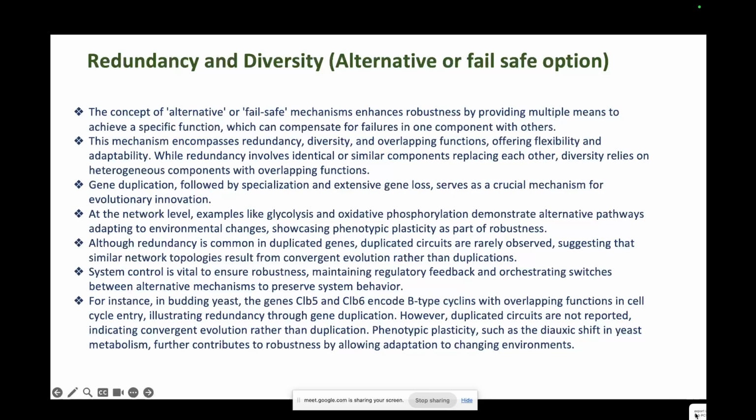That is what is known as a diauxic shift in yeast, and it further contributes to robustness by allowing adaptation to a changing environment. So what happens is if you remove a particular carbon source and you put another carbon source in, the cell still lives because it uses the alternative or fail-safe option to metabolize the other carbon source compared to the one that it is used to.